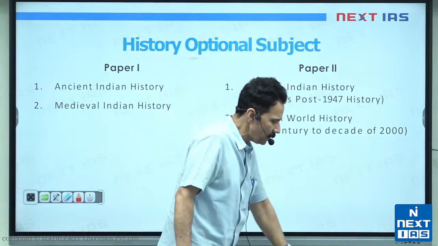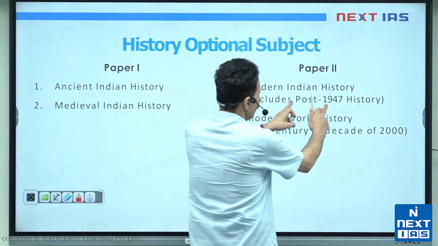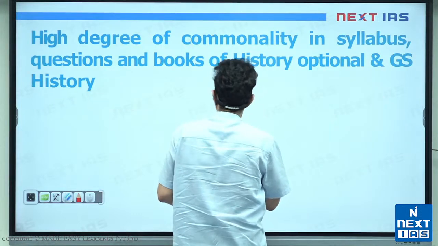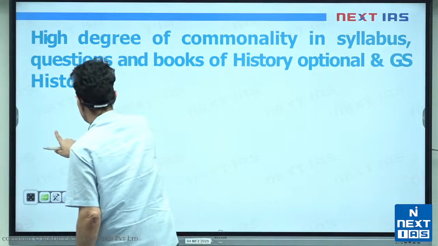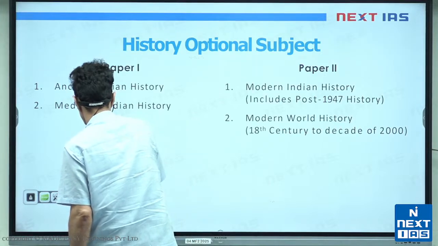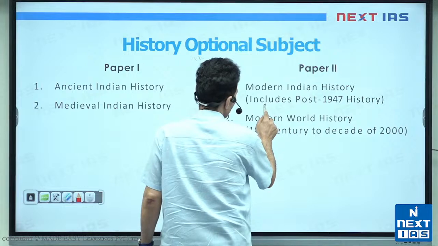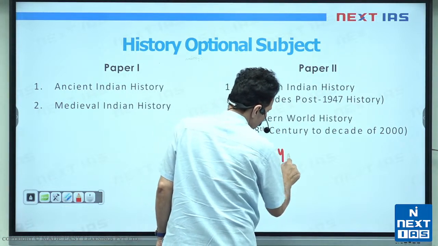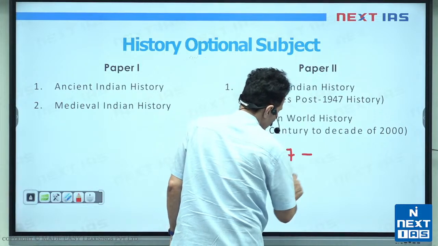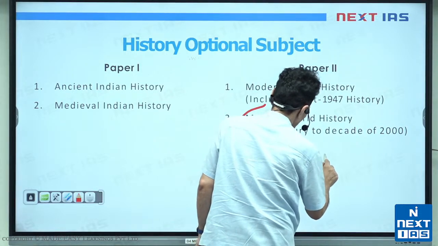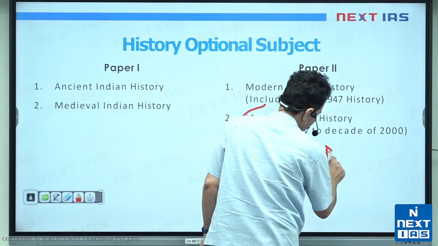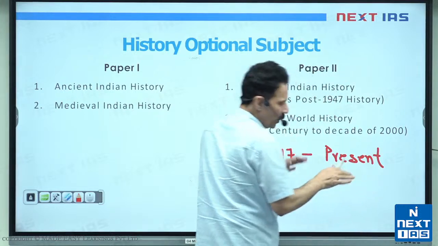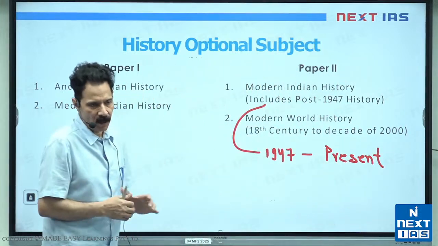The difference here is that this post-1947 is 1947 to the present, which means till today, till 2025, for example.